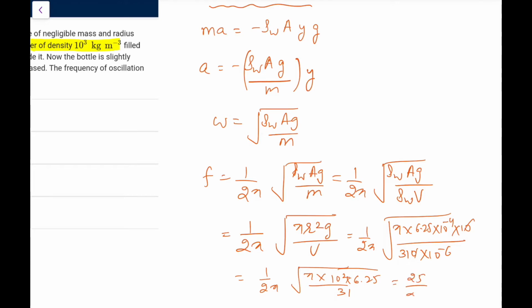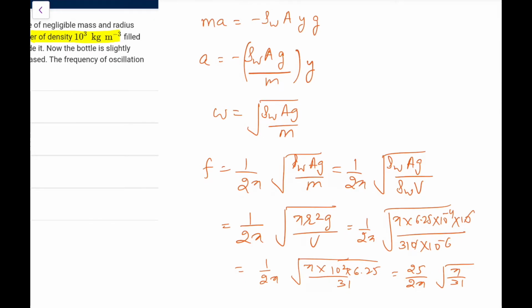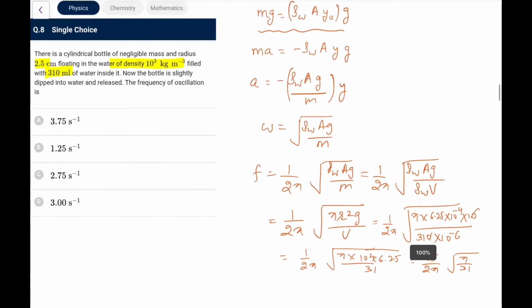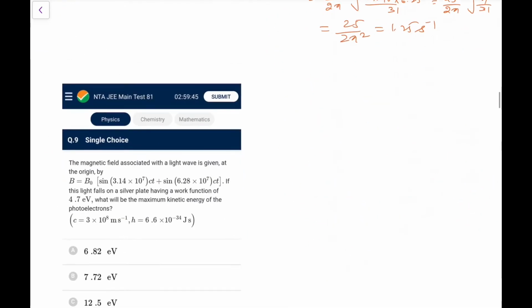So 25 I can take out, so 25 upon 2 pi, and what we are left with is pi upon 31. So pi upon 31 is roughly 1 by 10. So 10 is roughly pi square, so 25 upon 2 pi square, taking pi again as 10, it will come out as 1.25 per second approximately as per this data.